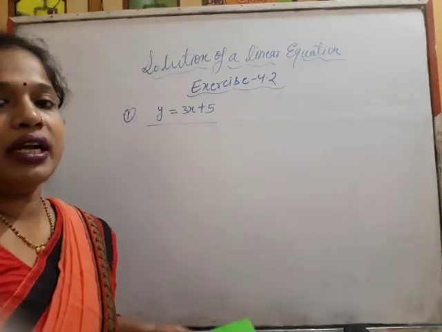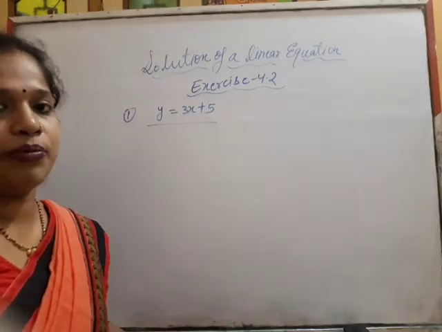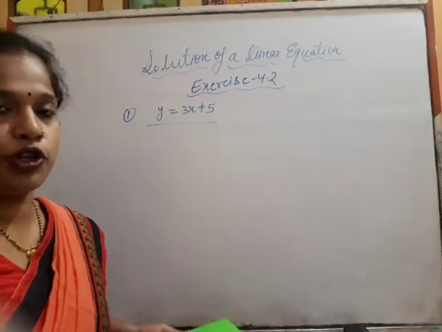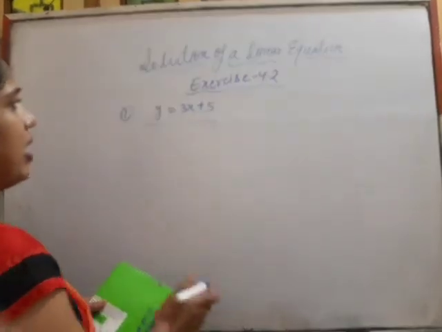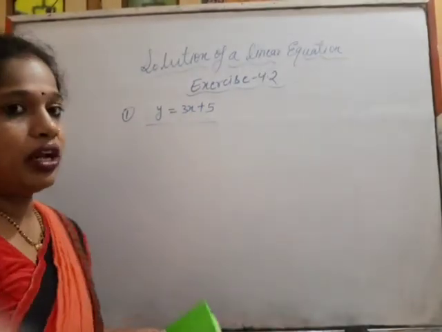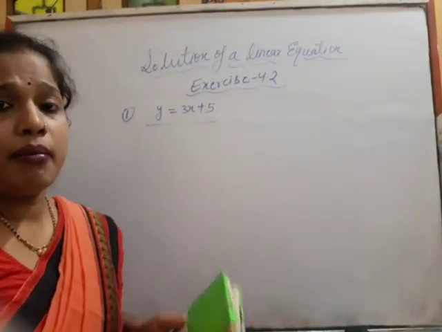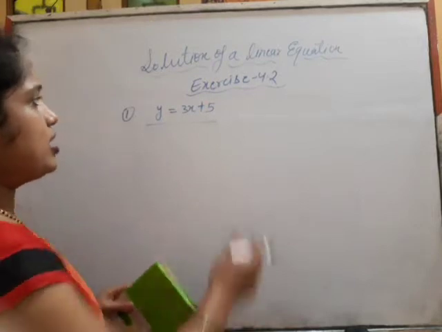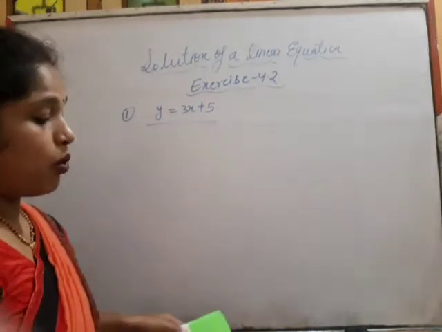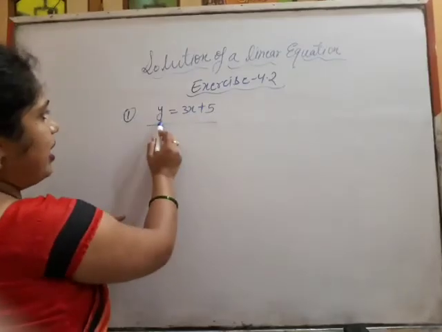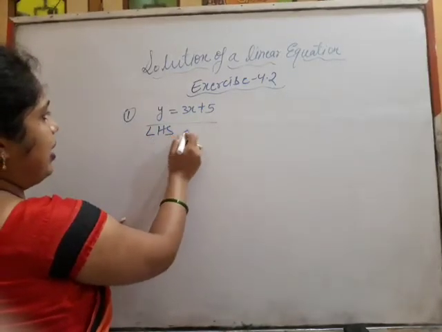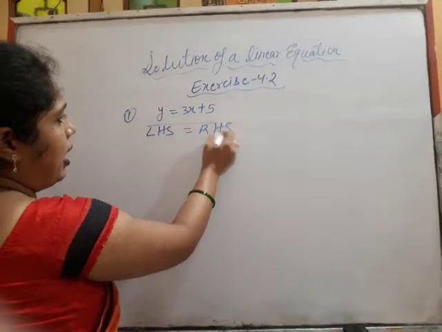Based on the concept we have discussed about the solution of a linear equation in two variables, this equation has infinitely many solutions because it has two variables. Why is it so? An equation always has LHS and RHS.